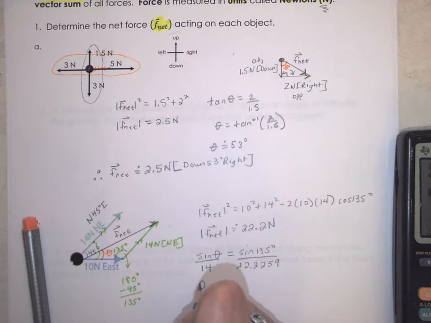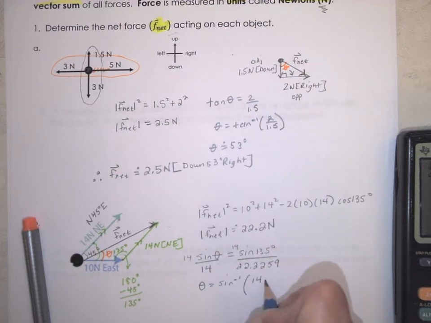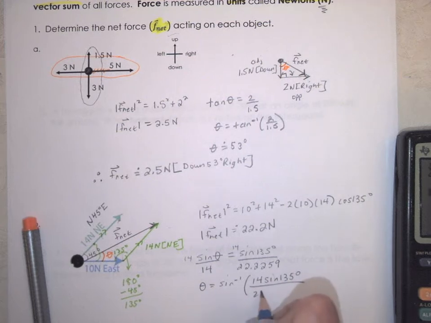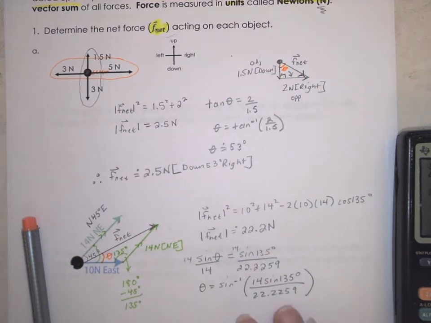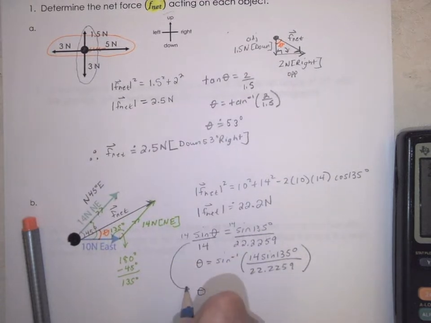Then theta, if you multiply both sides by 14 and take the sine inverse, is going to be the sine inverse of 14 times the sine of 135 degrees over 22.2259. You can show that step if you want to, but in grade 12 it's okay just to go from this step to this step.